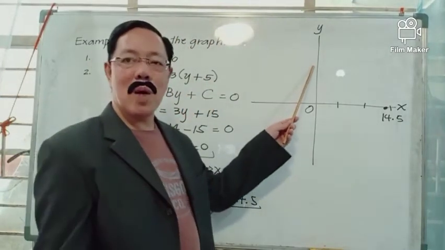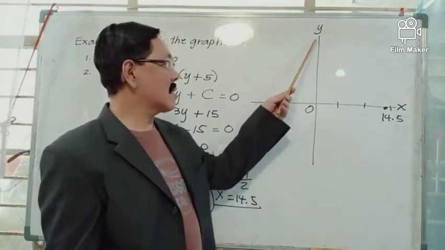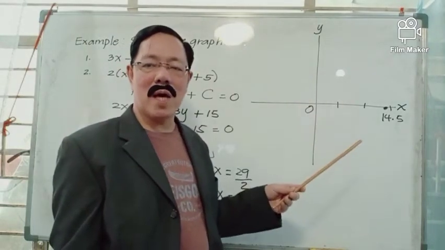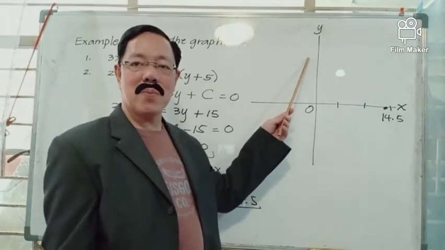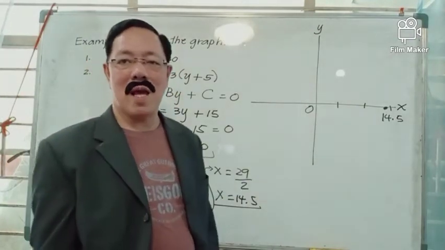Now we find the Y-Intercept. The Y-Intercept is a point on the y-axis, and any point on the y-axis, the value of x is 0. Thus, to find the Y-Intercept, or the point of intersection of the line and the y-axis, we set x to 0.